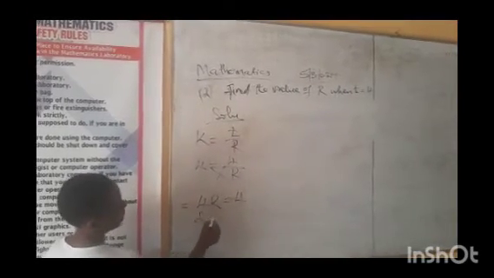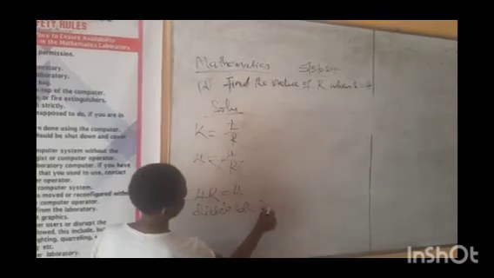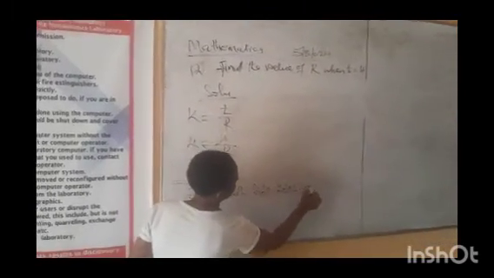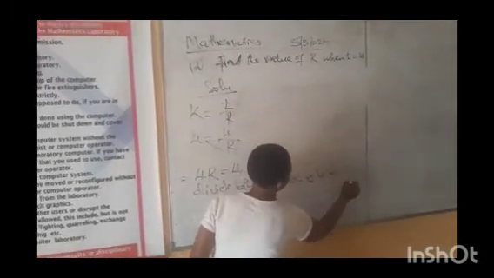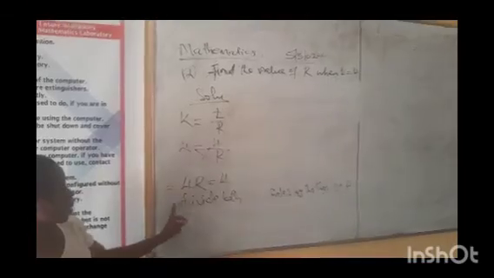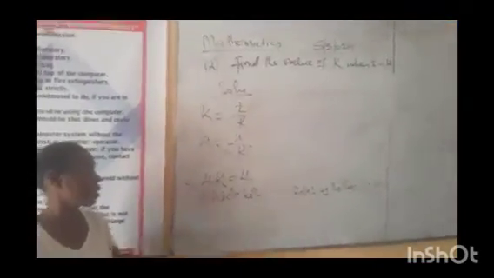Now divide both sides. For us to get our r, which we are looking for, we have to divide both sides by the coefficient of r, and the coefficient of our r here is 4.